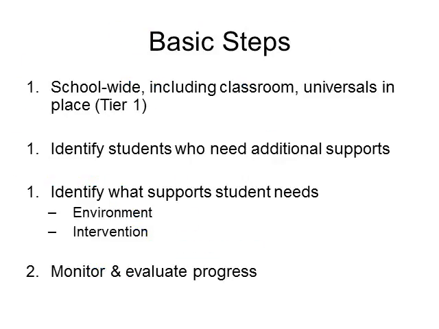Some basic steps: we've got the school-wide, including classroom management, universal practices in place. So tier 1. It's really important to have tier 1 systems set up because that sets up the infrastructure for tier 2. Also, identifying needs of students who require additional support. But we're also going back to tier 1, where we're looking at what's happening within the classroom.